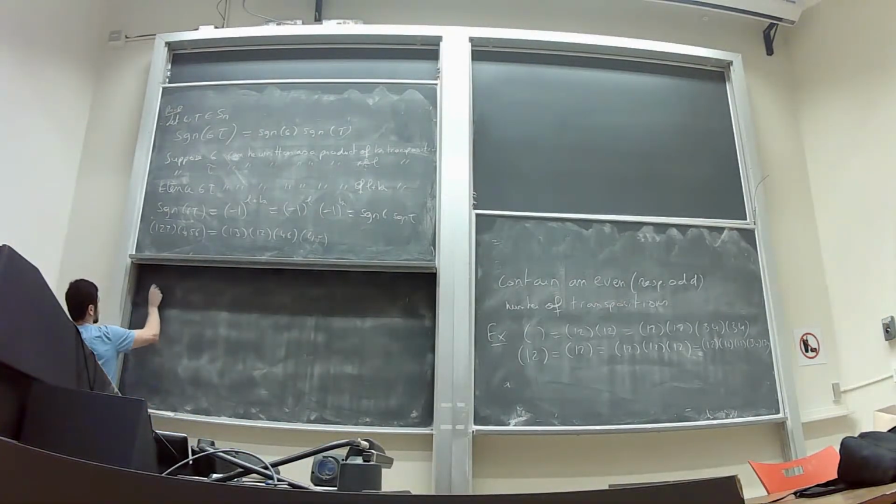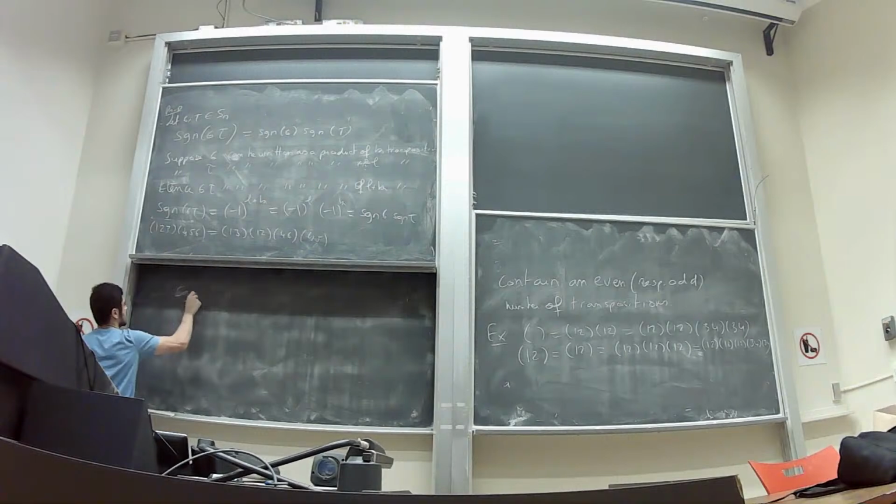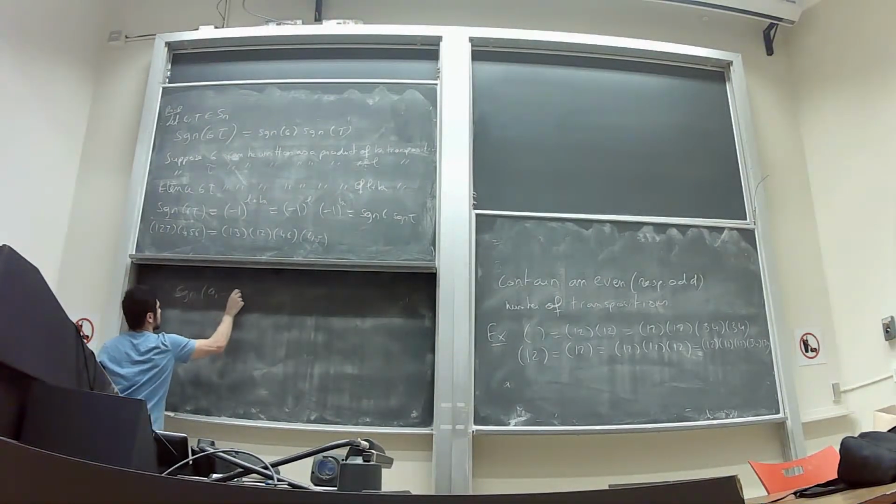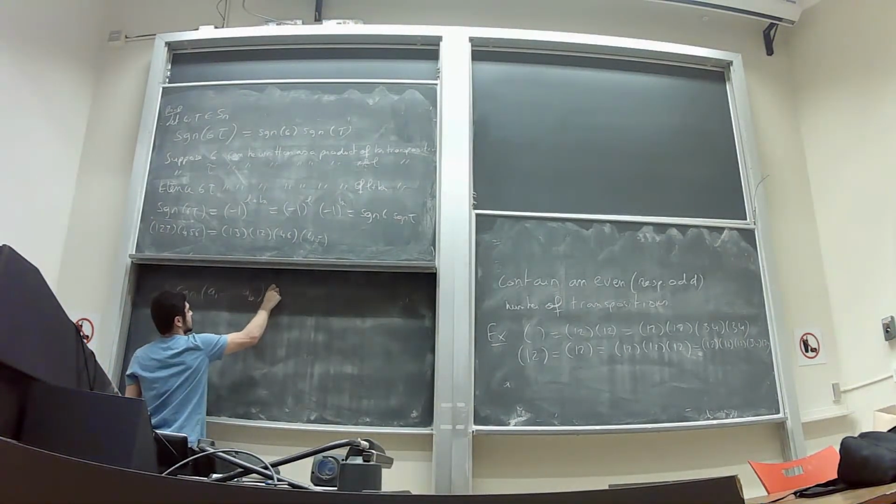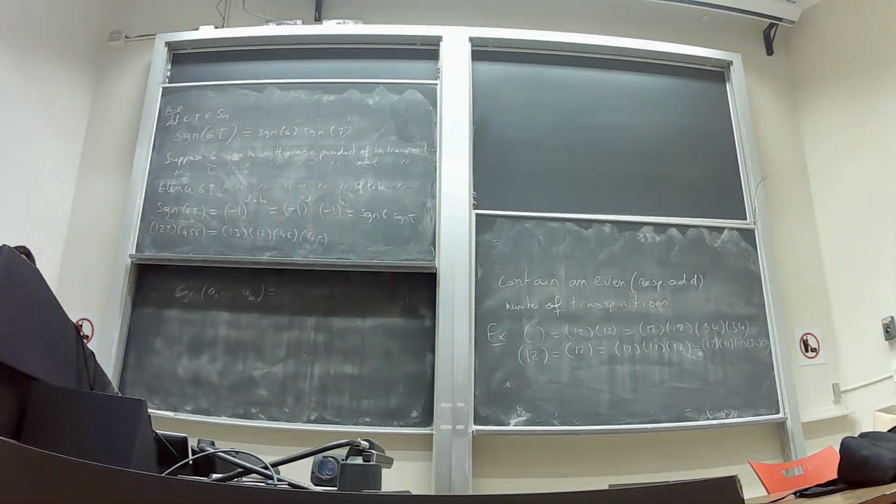Now, the sign of the K cycle, the sign of (a1 ... ak). What is the sign of a 2-cycle, a transposition? It's odd, so it's -1.